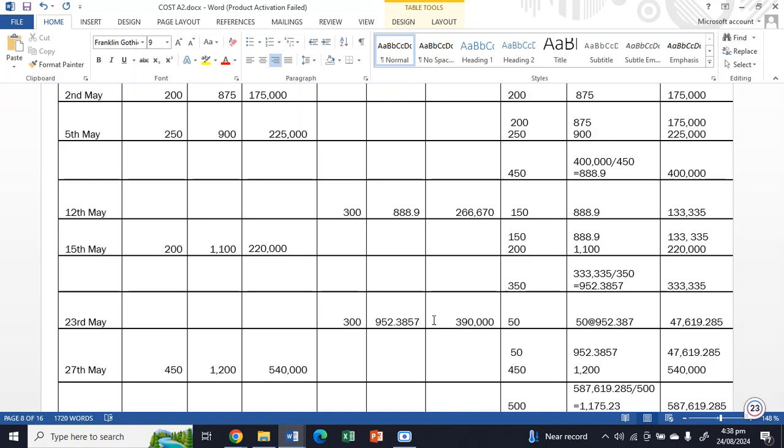So you get 285,715.71. So we remain with 50 solar panels valued at 952.3875.